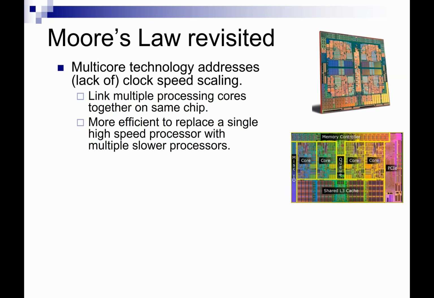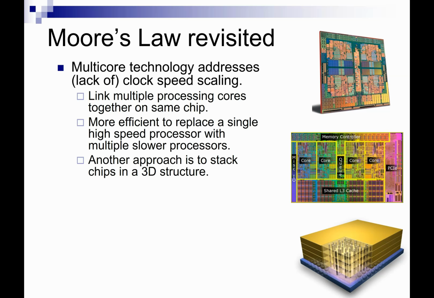This is more efficient than putting in a single high-speed processor; it's better to replace that high-speed processor with multiple slower processors. Another way to get better performance is by stacking multiple processors together into a 3D structure. But this is still more in the research stage. People are looking towards it in the future, but it's not a mature technology yet.